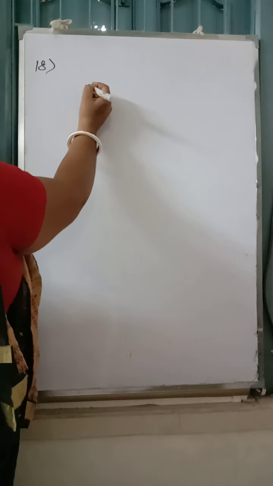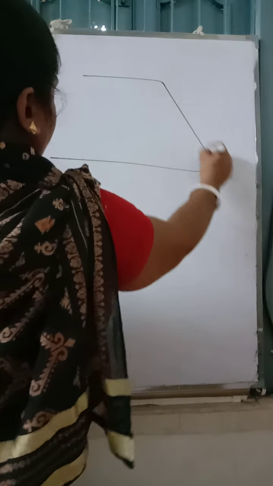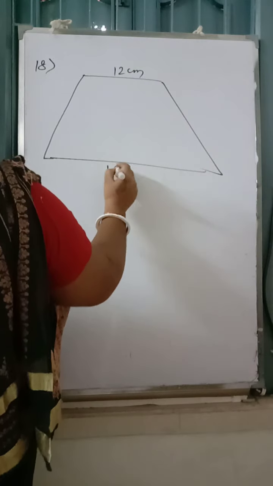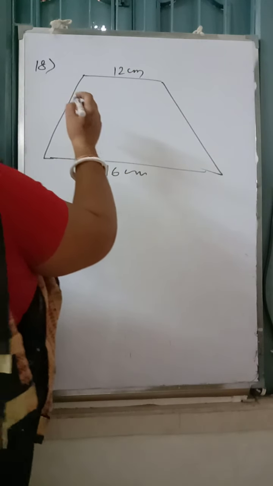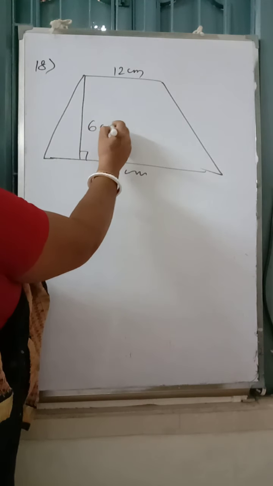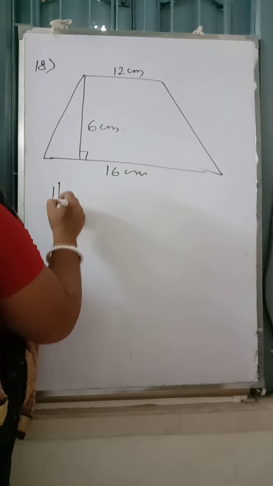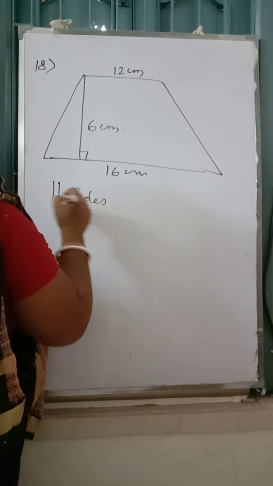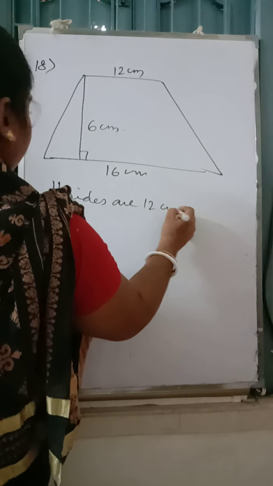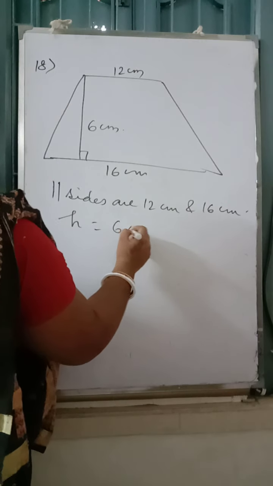Question number 18. In a trapezium, the parallel sides are 12 centimeter and 16 centimeter. These are the parallel sides. And the distance between them is 6 centimeter. So you have to find the area of the trapezium. The height is equal to 6 centimeter.